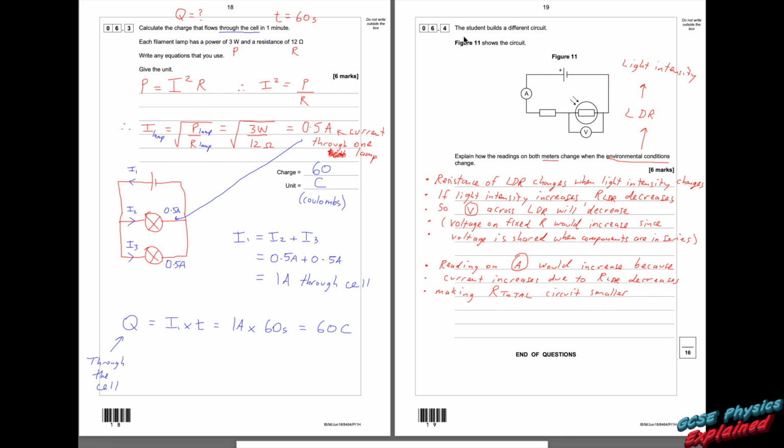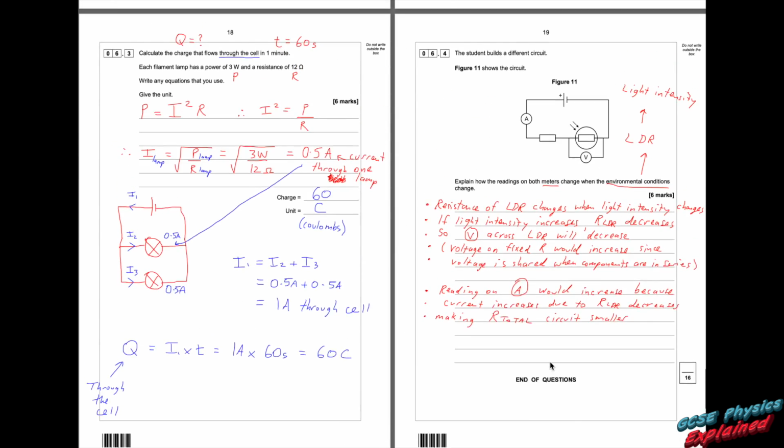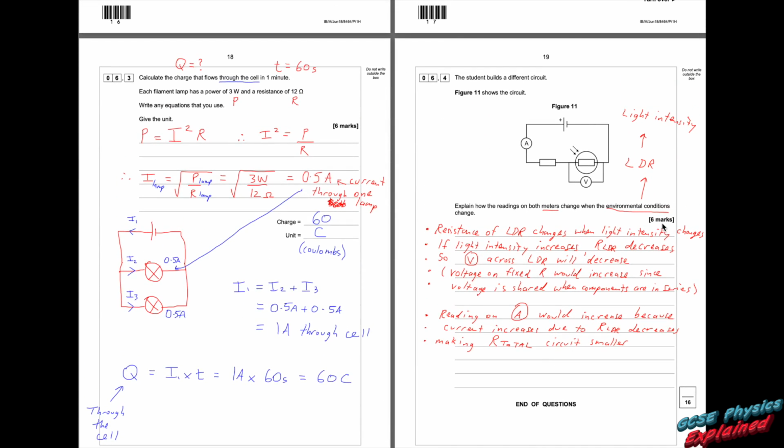And part 4, this is the last question on the paper. It's another 6 marker. The student builds a different circuit. Figure 11 shows the circuit. Explain how the readings on both meters change when the environmental conditions change. So remember, environmental conditions can be things like pressure, temperature, light intensity.